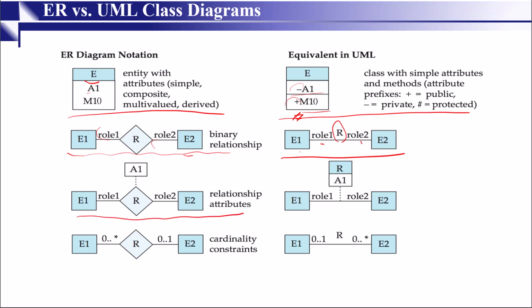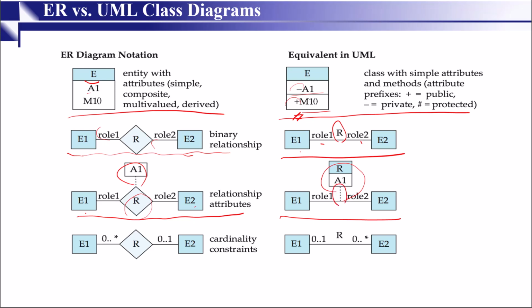Then we have a relationship with attributes. In ER, a relationship R between E1 and E2 can have its own attribute like A1 attached to the diamond. But here, we show it differently. In UML, this is represented as an associated class like R. This is a class connected to the relationship line via a dashed line, containing the attribute A1.